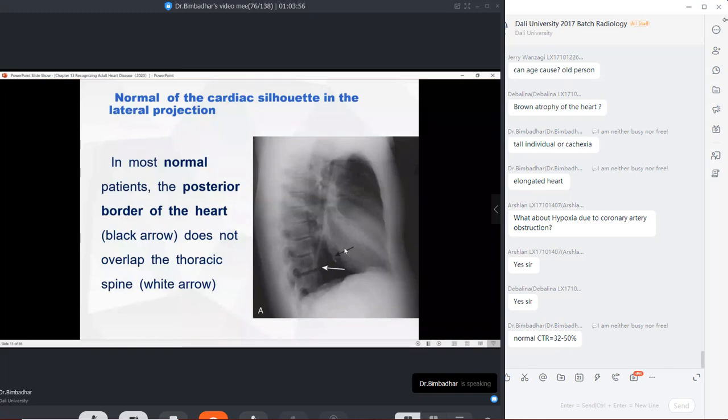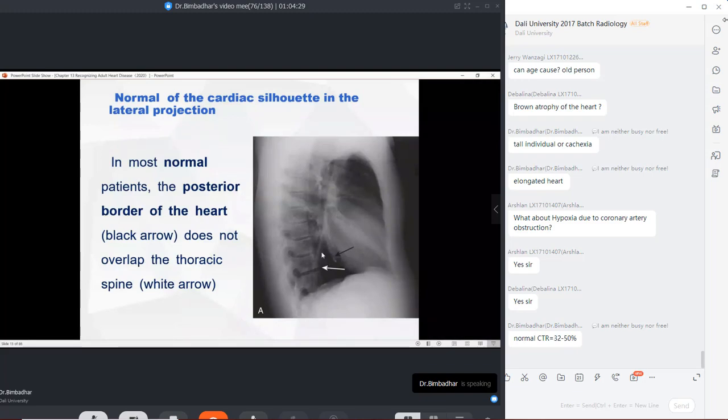Blurring of the borders of the thoracic vertebrae is caused by the associated structure here. So what is the associated structure here? It's the heart. Did you understand? Here also I'm applying the same silhouette sign itself. If the anterior borders of the thoracic spine are obscured, it is happening because of a problem inside the heart.